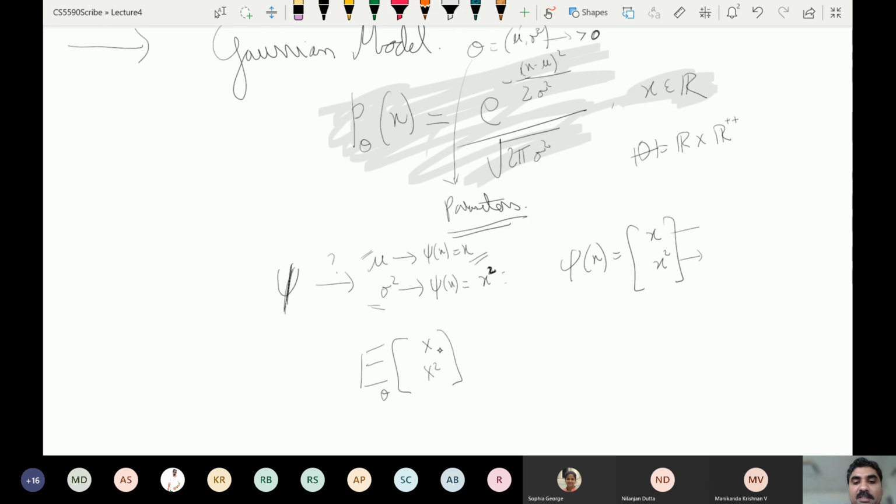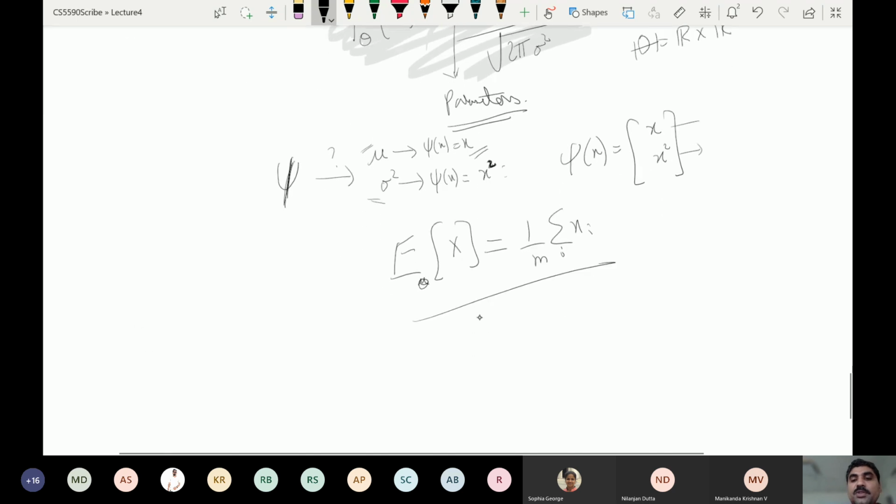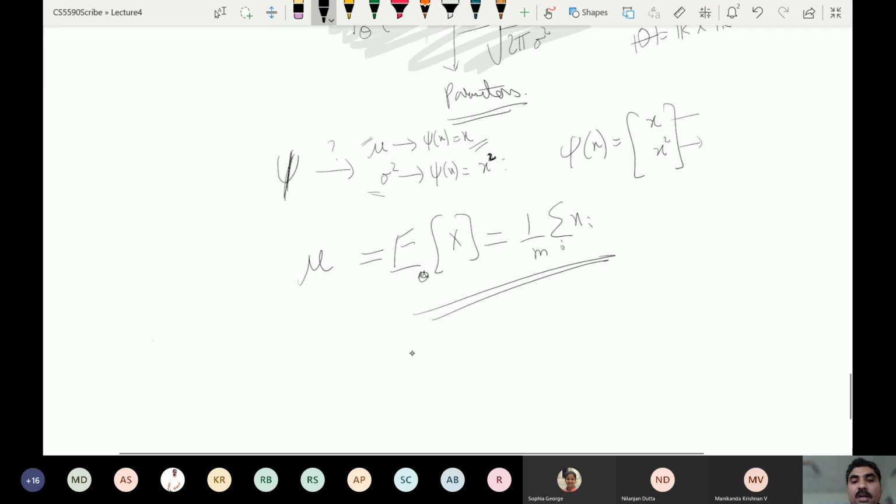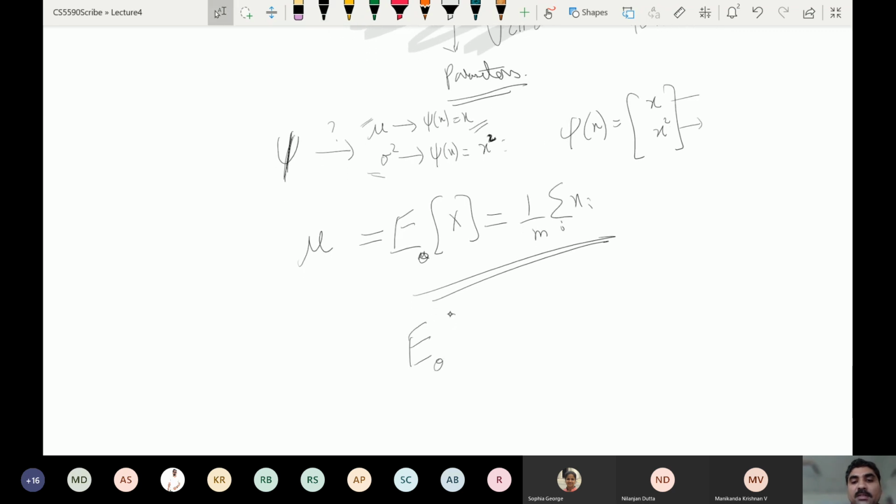So basically, let me write it clearly. The expectation with respect to x under mu comma theta should be 1 by m, the average value of the xi's. That's the usual estimate, and this is equal to what in this case? Mu. And what is this expectation of x square? That should be 1 by m sum of xi square.